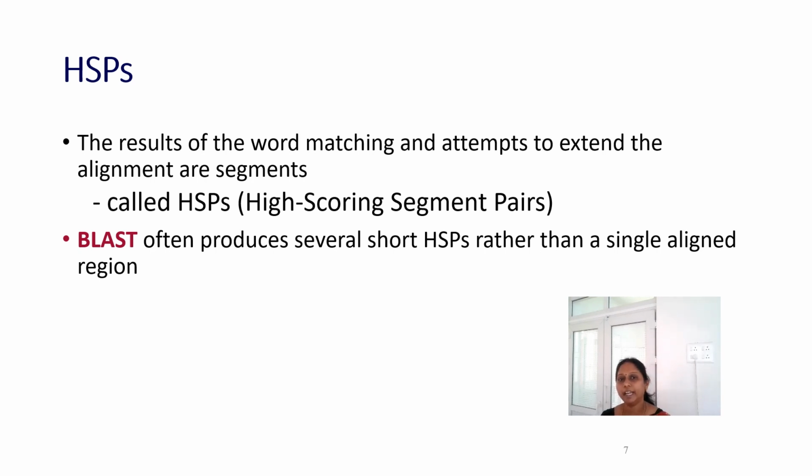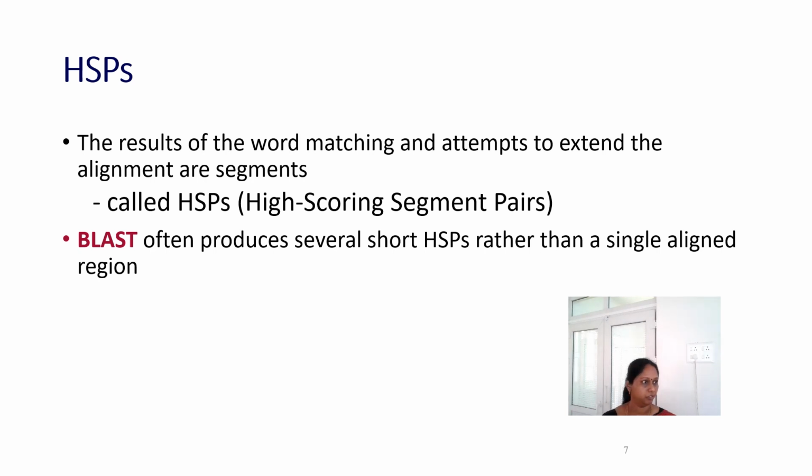We have some important terms you have to remember in BLAST. One is HSP, which stands for high scoring segment pair. Can anyone say any idea on this term? Why is it called high scoring segment pairs? When you have more number of matches, obviously the score will be higher.